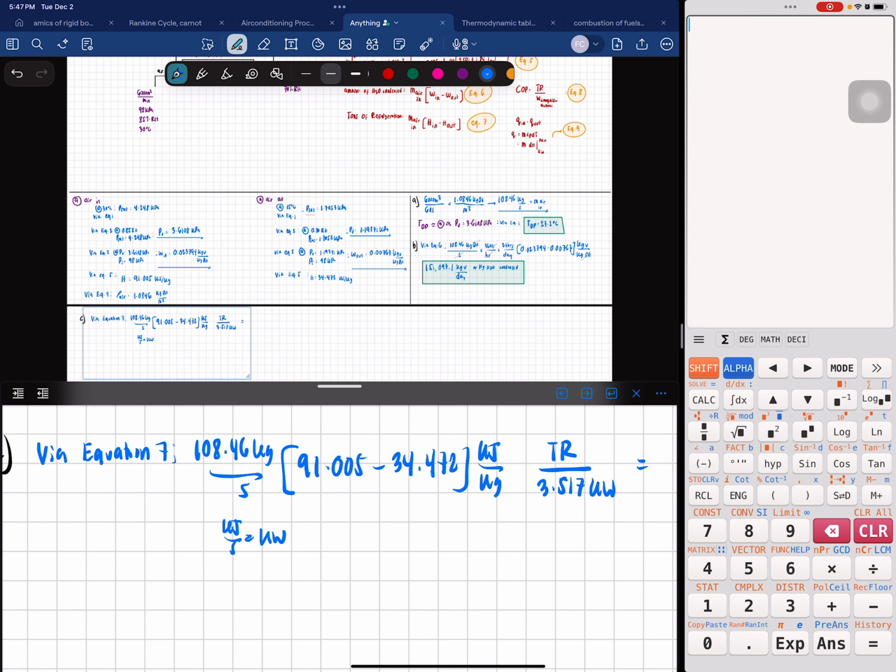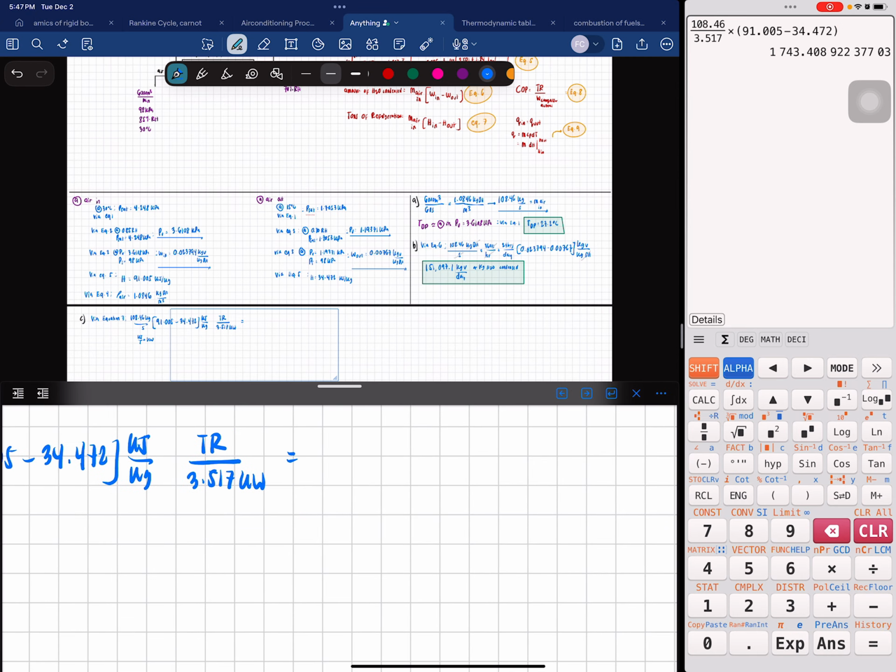Okay, so this is 108.46 over 3.517 times 91.005 minus 34.472. Okay, so the tons of refrigeration required is around 1743.41 tons of refrigeration.